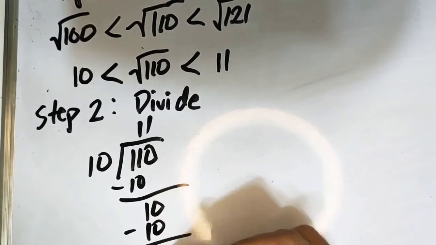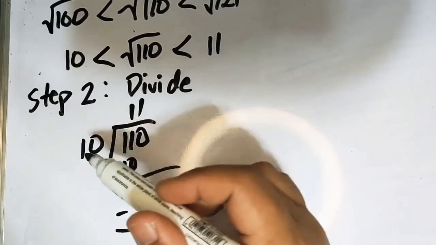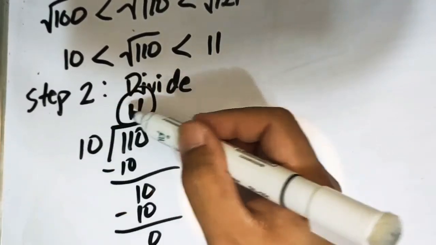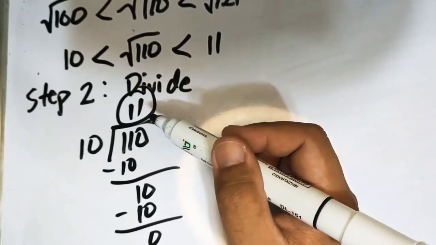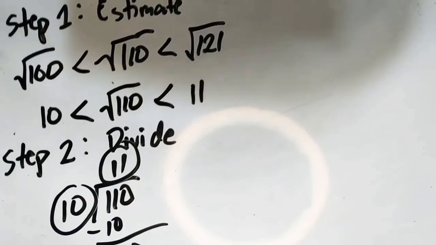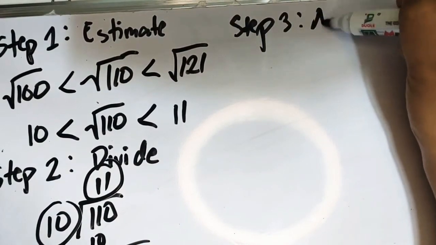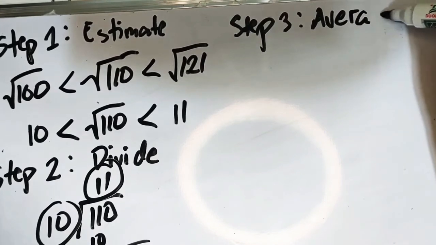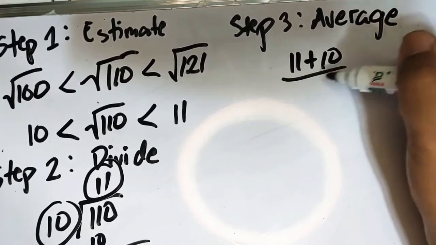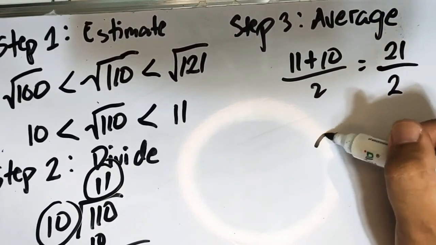So that is 0. Okay? So 110 divided by 10 is equal to 11. So next is, we will get the average. So the average of 11 and 10. So we have 21 divided by 2.